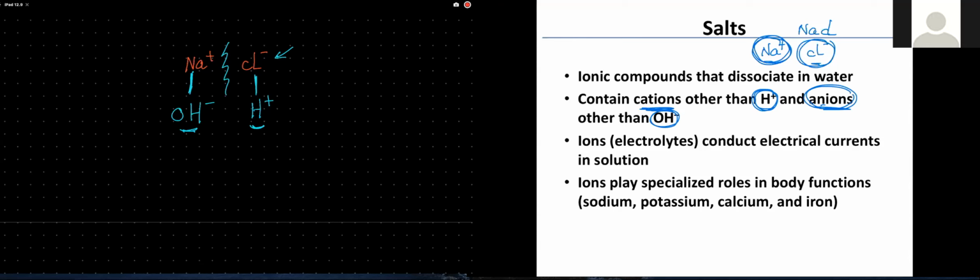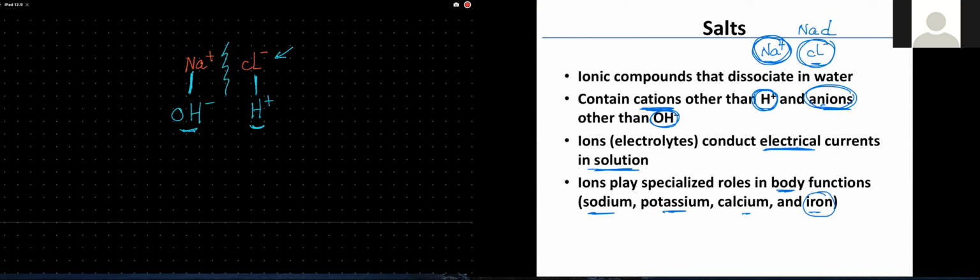Ions or electrolytes will be responsible in your cells to conduct electrical currents in solution. This is the type of electricity that we're going to be conducting through our cells. Ions will be playing a specialized role in the body functions, like sodium, potassium, calcium, and iron.